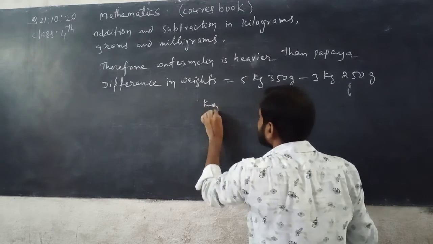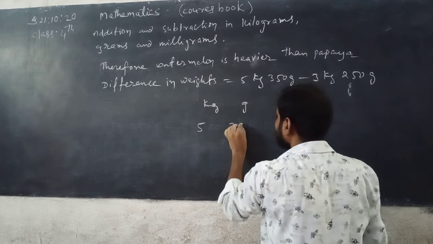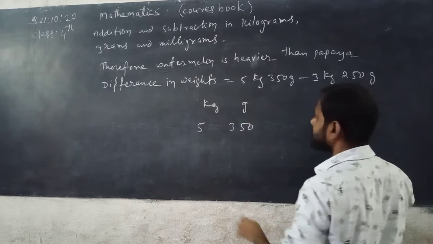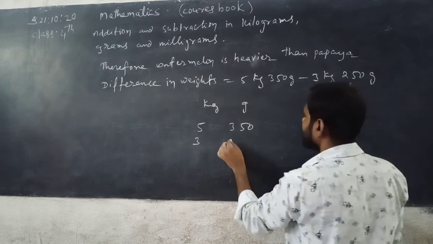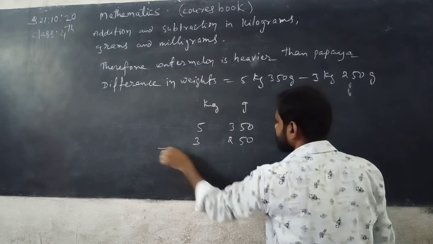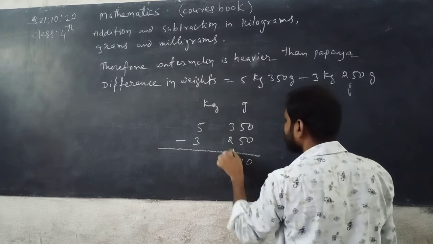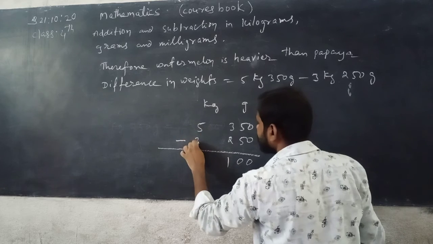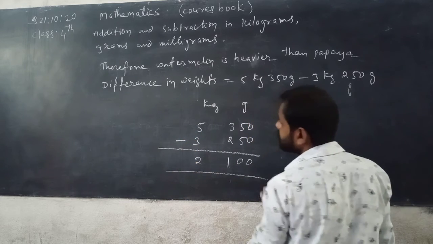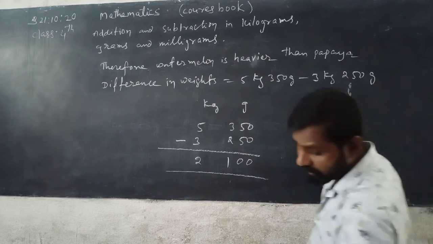Here kg, here grams. 5 kg 350 grams, next 3 kg 250 grams. 0 minus 0, 0, 5 minus 5, 0, 3 minus 2, 1, 5 minus 3, 2. What is the difference? The difference in weights is equal to 2 kg 100 grams.